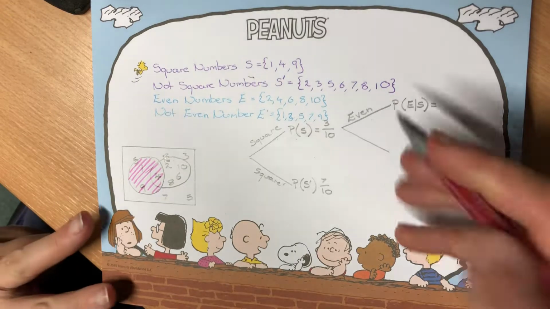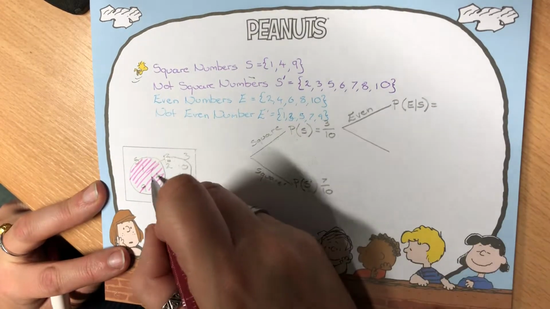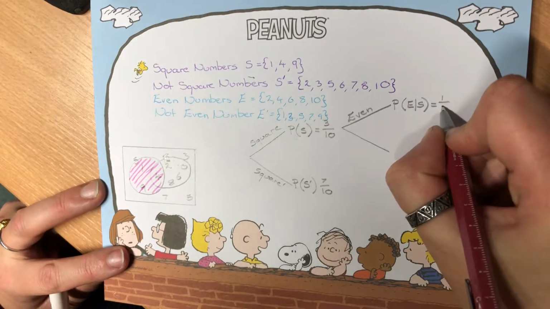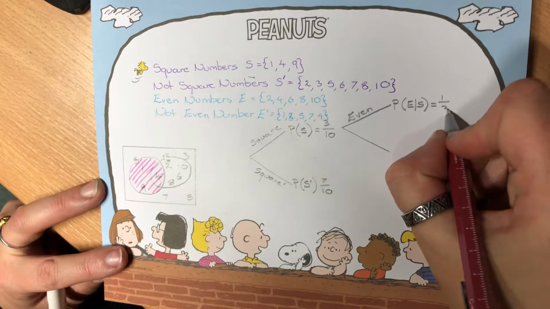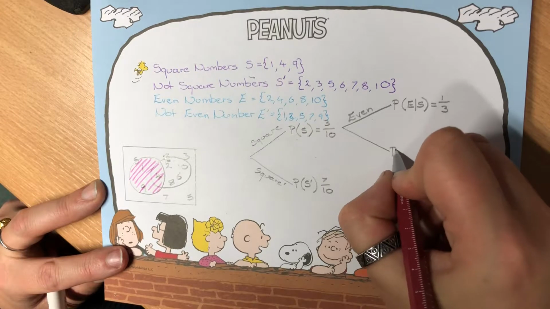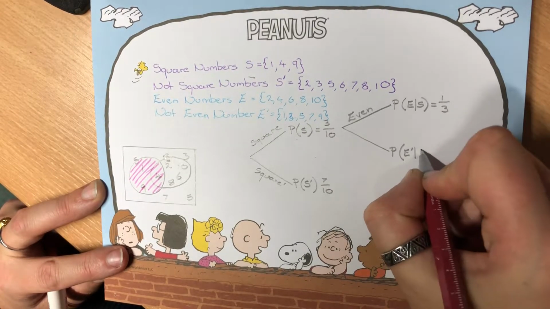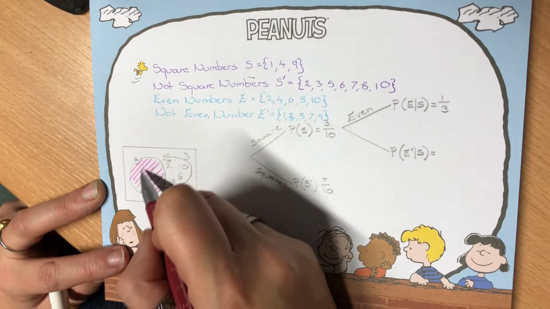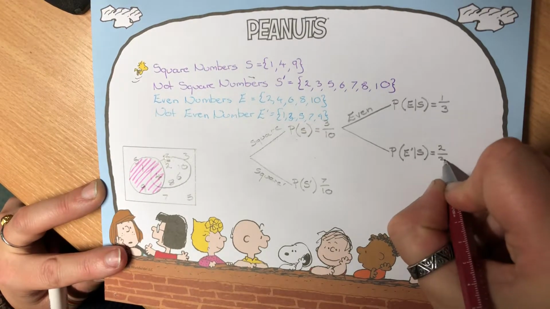So the probability that it is even, given that it is square, is just that number 4. So that is 1 out of 3 numbers. The probability that it is not even, given it is square, is going to be this 1 or 9. So that's going to be 2 out of 3.